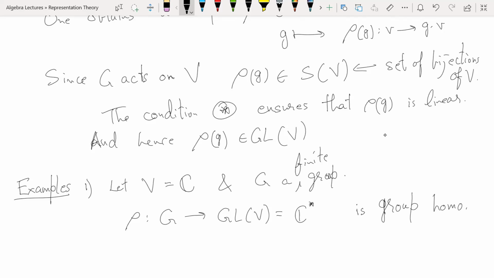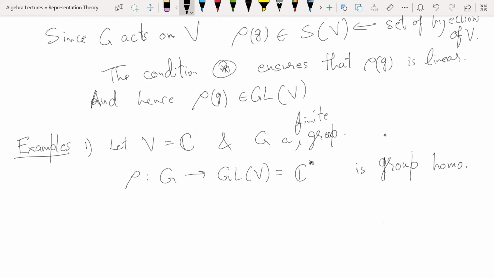You can say a little more. Since G is a finite group, what can you say about the image of this group homomorphism? It would be a root of unity. Yes, the image is a finite set, but it also has to land in the unit circle, and in fact, it has to be one of the roots of unity.